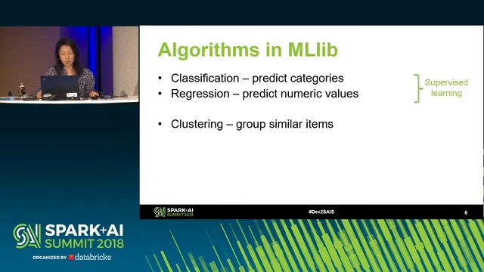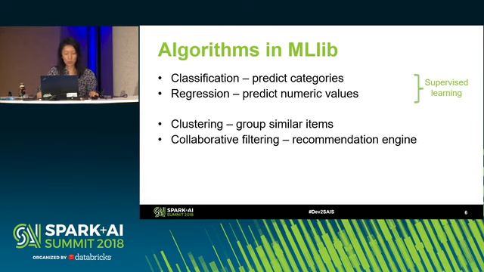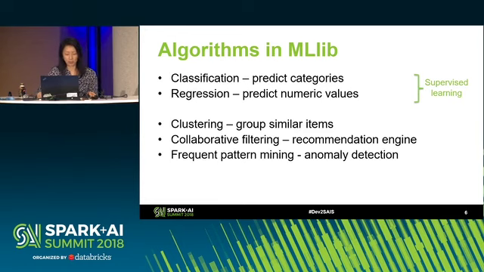Clustering algorithms are used to group similar items. For example, if you have a collection of shapes of different colors, different sizes, you can pass it to the model, and the model could group it by size or by color or by shape. Collaborative filtering is typically used in recommendation engines. So people who are similar to you like this movie, therefore you are probably going to like this movie.